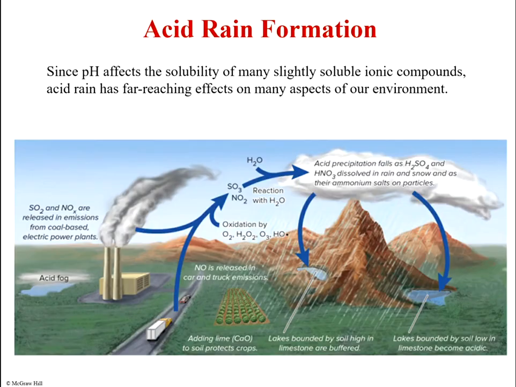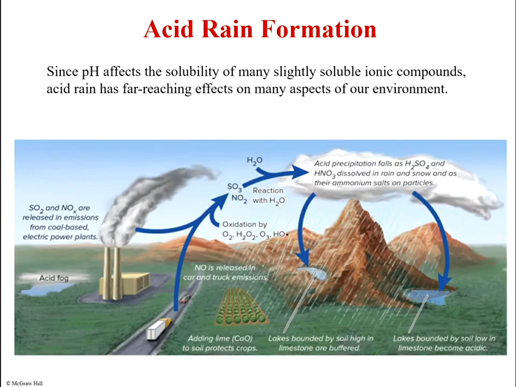Another place where this is very important is in acid precipitation, or what's termed acid rain. Since pH affects the solubility of many slightly soluble ionic compounds, the formation of acid rain can have far-reaching effects on many aspects of our environment, and that's shown in the graphic here, where sulfur dioxide and nitrogen oxide emissions from transportation vehicles or coal-fired power plants can release acid into the air.